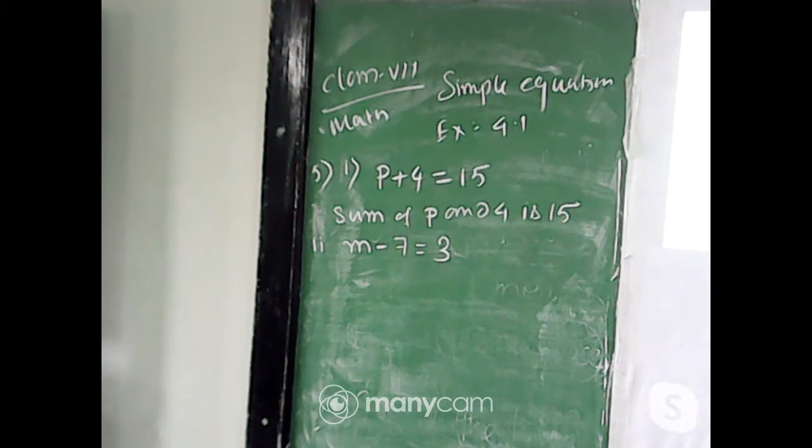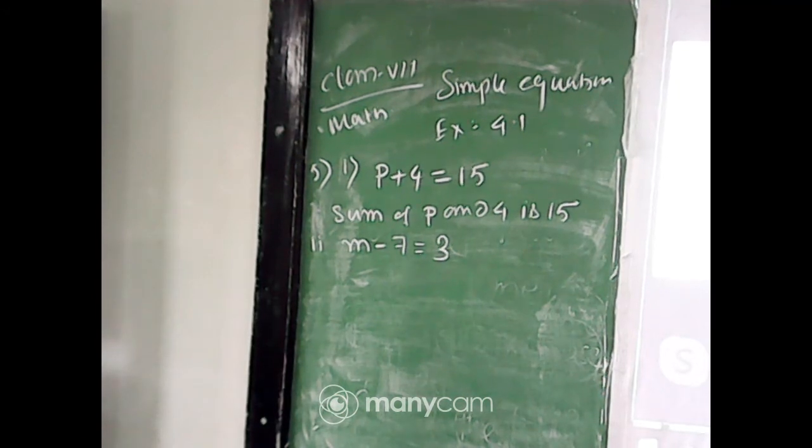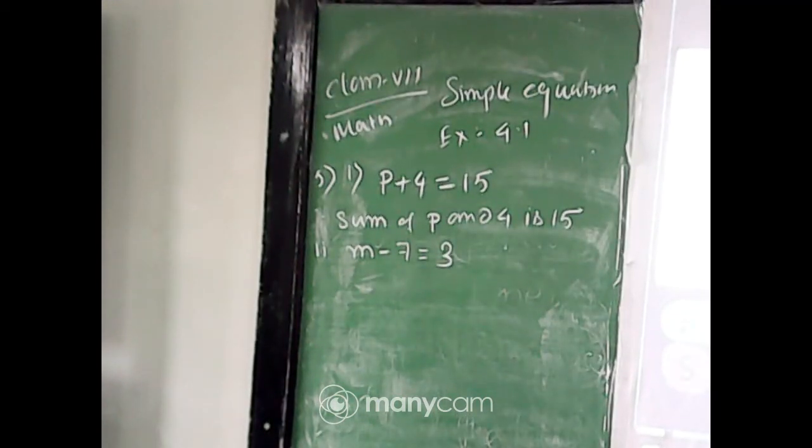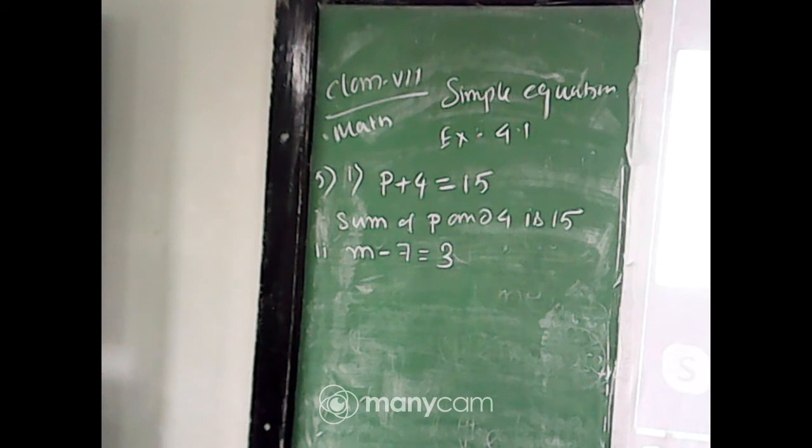So quickly set up, not sum, actually a minus sign is here. I am waiting for the answer. Difference, I think don't use the word different. Difference of m and 7 may be m minus 7 or 7 minus m.